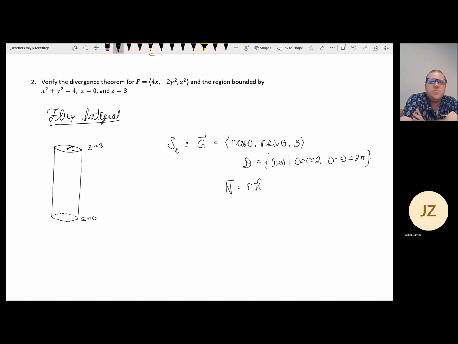It shouldn't be too difficult to see that the normal vectors are k hat, because it's just going straight up, right? You cannot treat this as just k hat, because r changes. r is not constant.